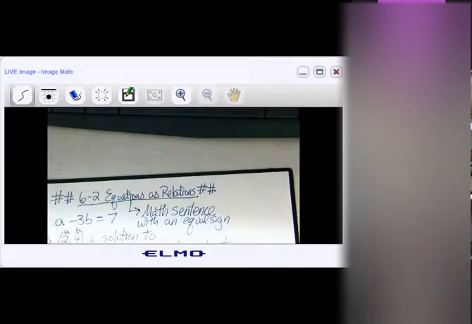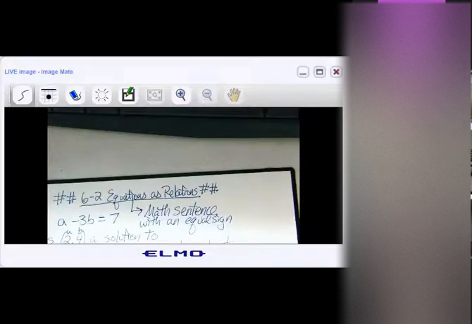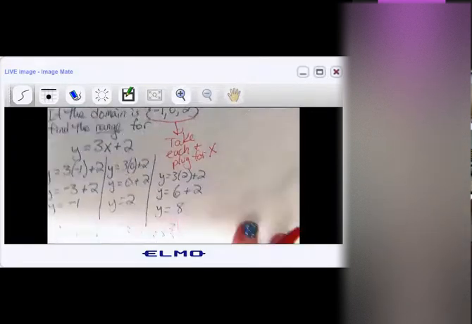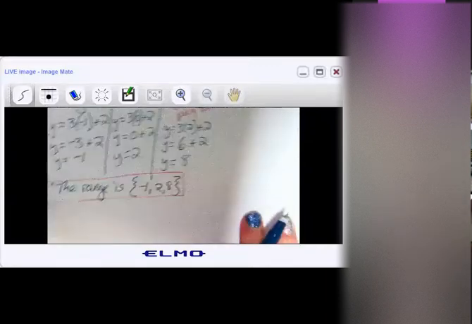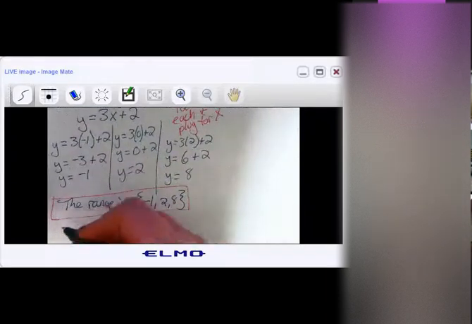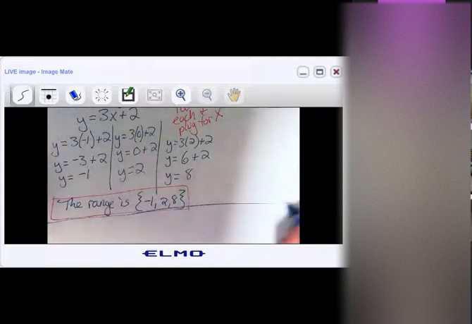We have one more thing to go through and then we are done with the notes. We are now just going to try and do the opposite. So what happens when I give you a range and I ask you for the domain? Okay, so let's see if I should be able to fit this right in here. One more.